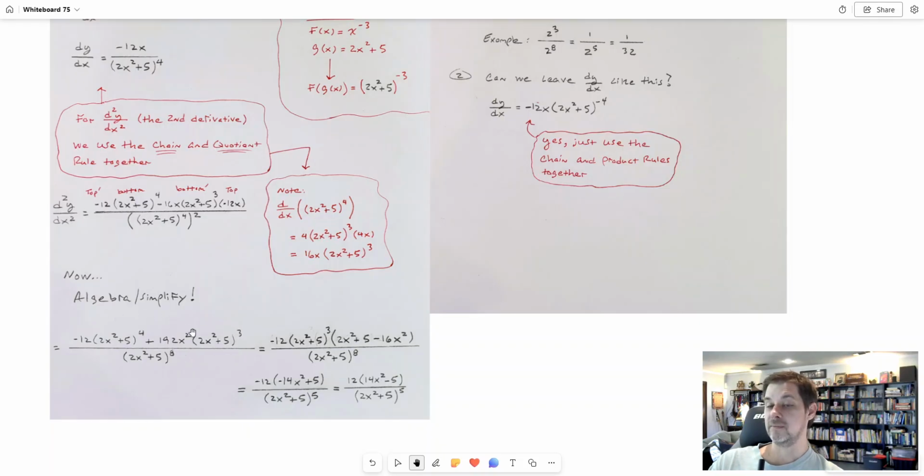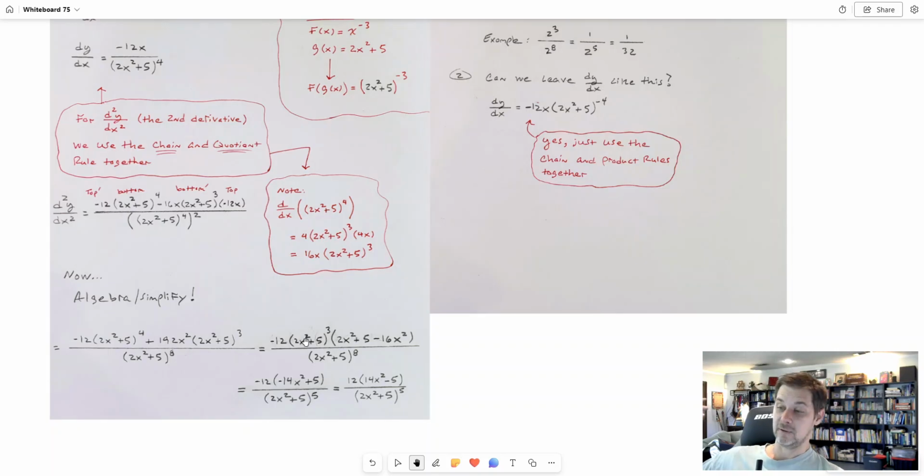These two terms have a common factor. That common factor is a negative 12, which divides both 12 and 192. And there is also in common (2x squared plus 5) to the third power. So I'm factoring out a negative 12 and a (2x squared plus 5) to the third power.